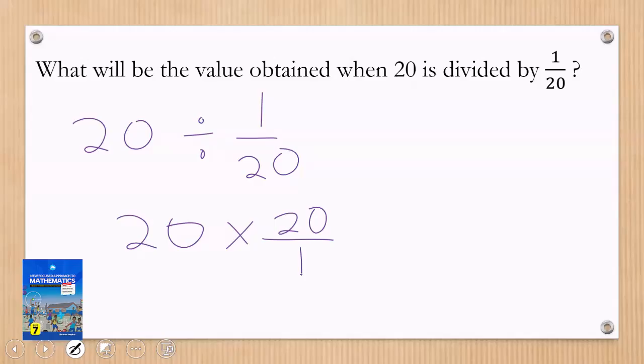And so indirectly, we are having 20 times 20, all divided by 1. And we know that is very easy to do. 2 times 2 is 4. And so we get 400. We can say 400/1, but that is the same as 400. That means if you have 20 and you are dividing it by 1/20th, you end up getting 400.